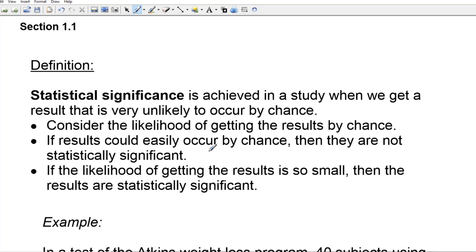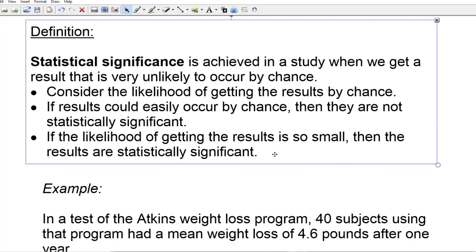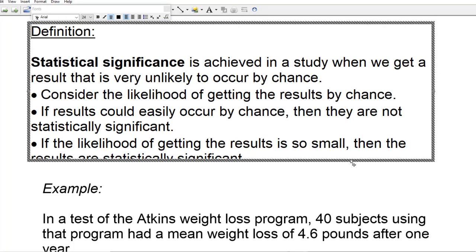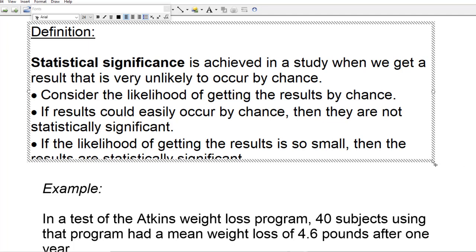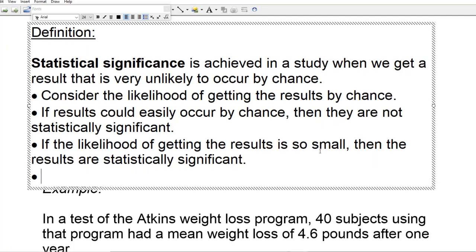So let's look at an example. One example that I have, and I will type it out for you, would be getting 98 girls in 100 random births.